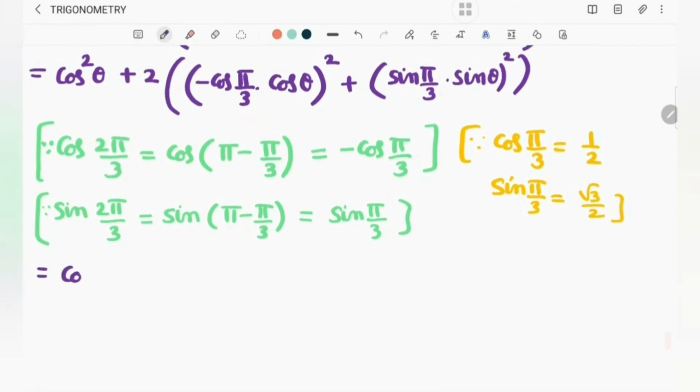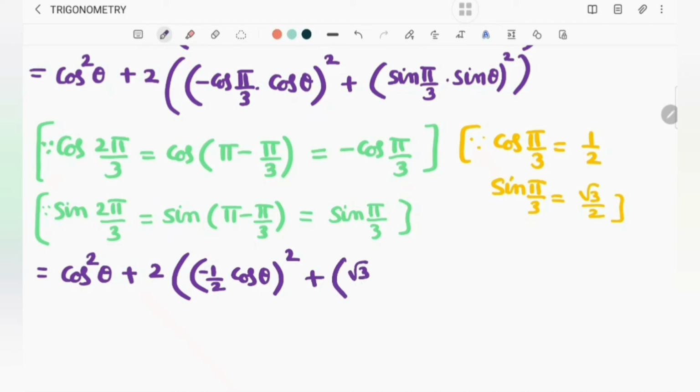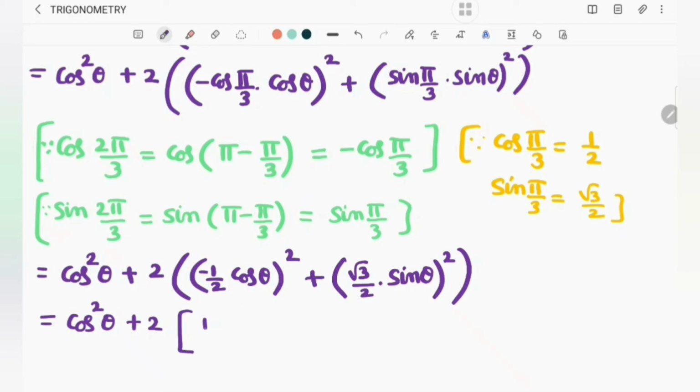You will get cos square theta plus 2 into, cos pi by 3 value is 1 by 2 now, so minus 1 by 2 into cos theta whole square, plus sin pi by 3 is root 3 by 2 into sin theta whole square, which is equal to cos square theta plus 2 into 1 by 4 cos square theta plus root 3 by 2 whole square is 3 by 4 sin square theta.